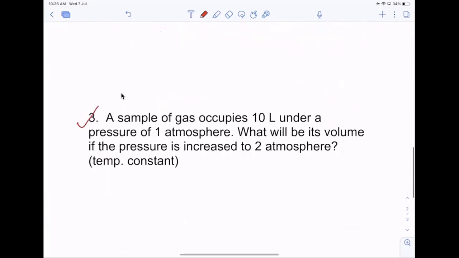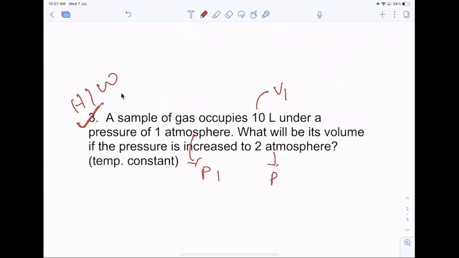Now this question will be your homework. A sample of gas occupies 10 liters under pressure of 1 atmosphere. What would be its volume if the pressure is increased to 2 atmosphere? So here, this is V1 and 1 atmosphere is P1.